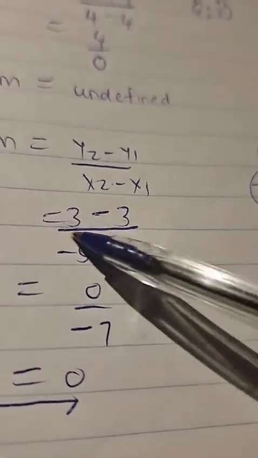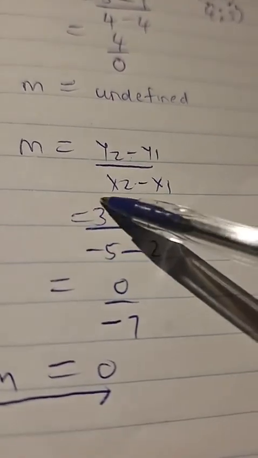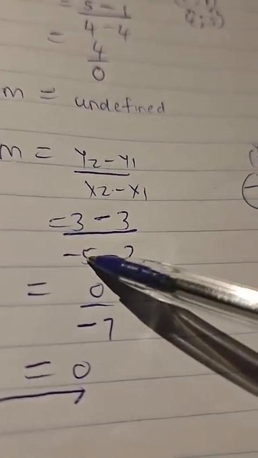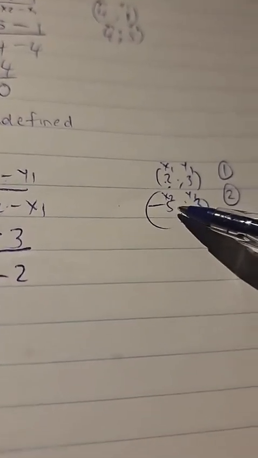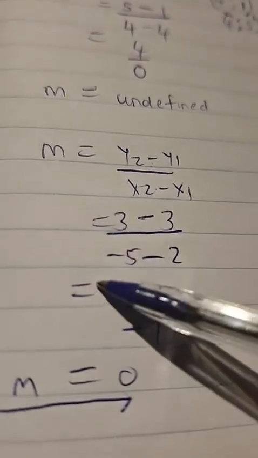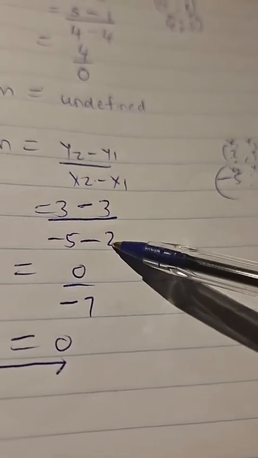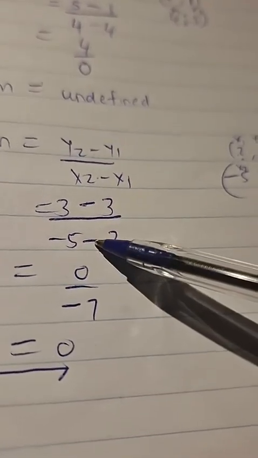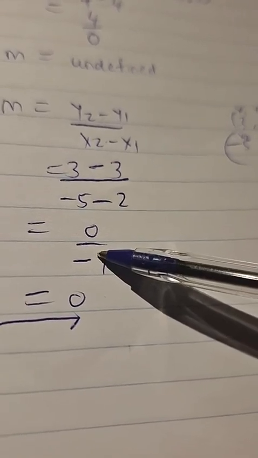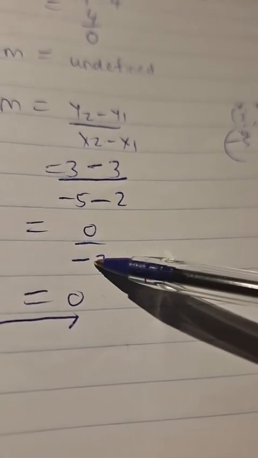It's only in the numerator that I experience a subtraction of two values that are the same. In the denominator, I have different values: x2 is negative 5, followed by the minus sign, followed by positive 2. So negative 5 minus 2 in the denominator gives negative 7.